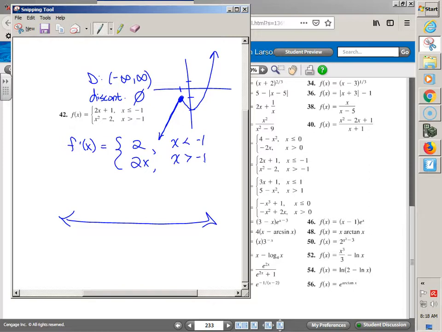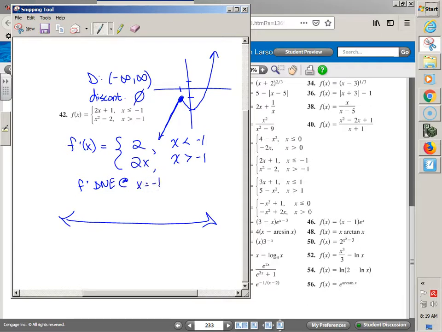Plugging in -1, it's just 2 no matter what. Plugging in -1, what would that be? Does +2 and -2 match? No. So guess what's going on? F prime does not exist at -1.